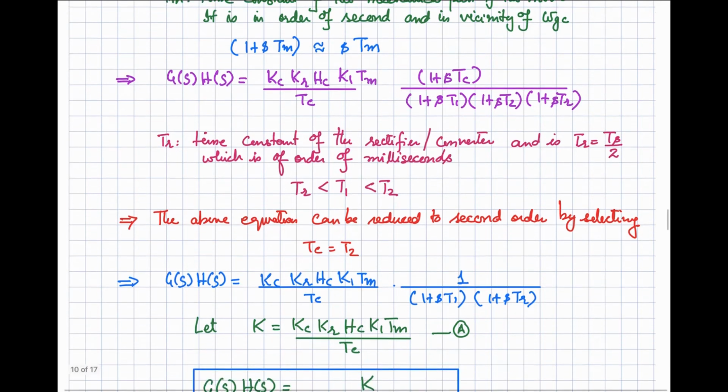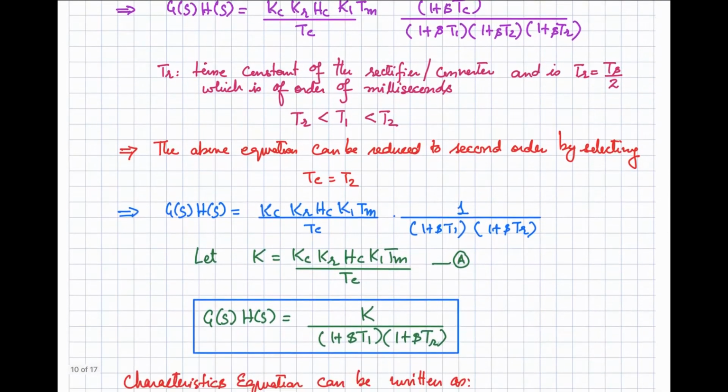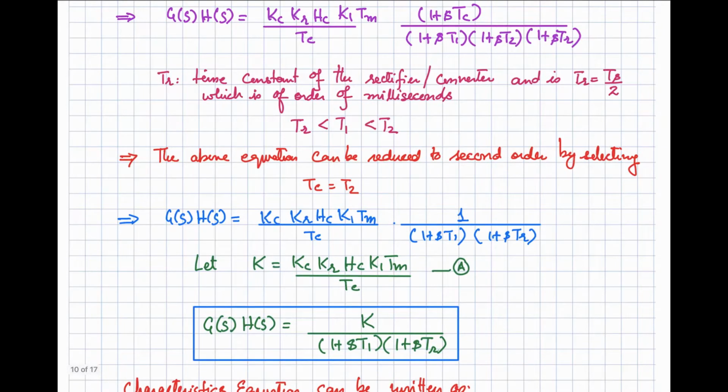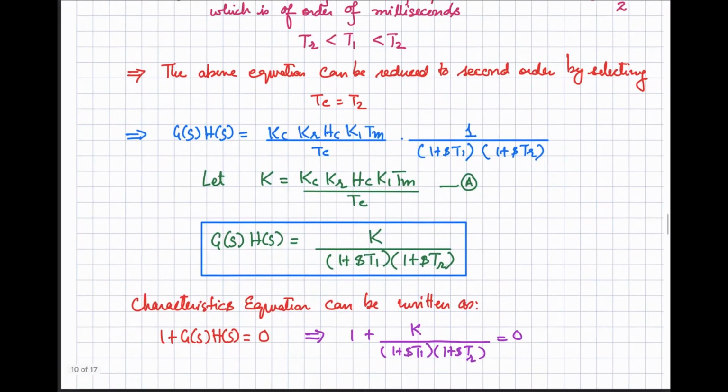Representing it in this second order form, we can write this expression and collect all the constant terms from here. Let's suppose this is equal to K, so this expression can be written as K over (1 plus ST1) into (1 plus STR).